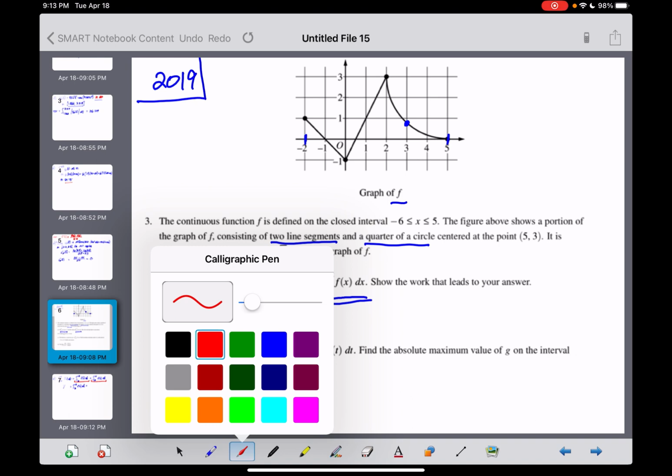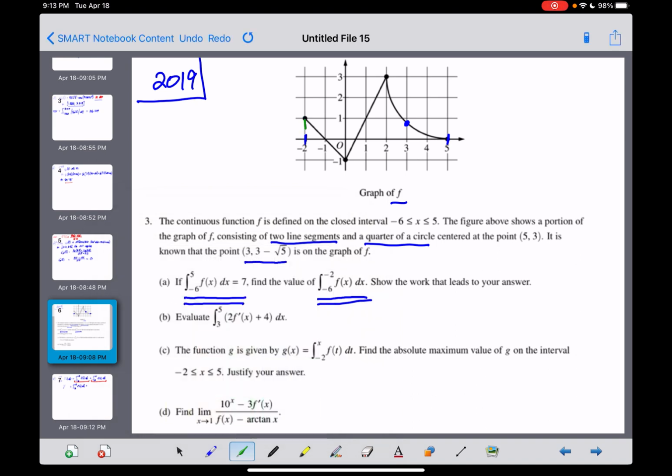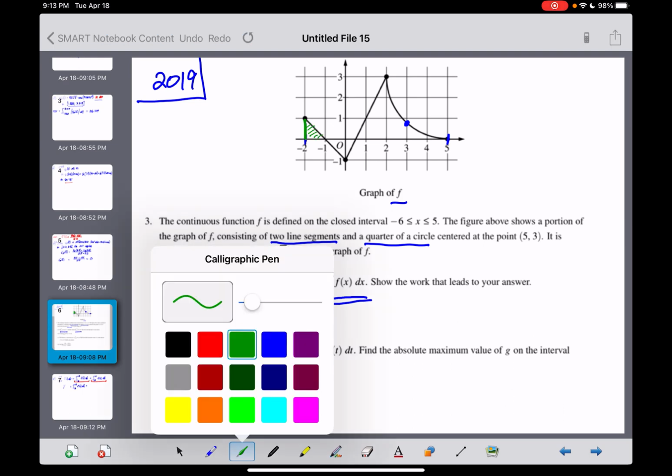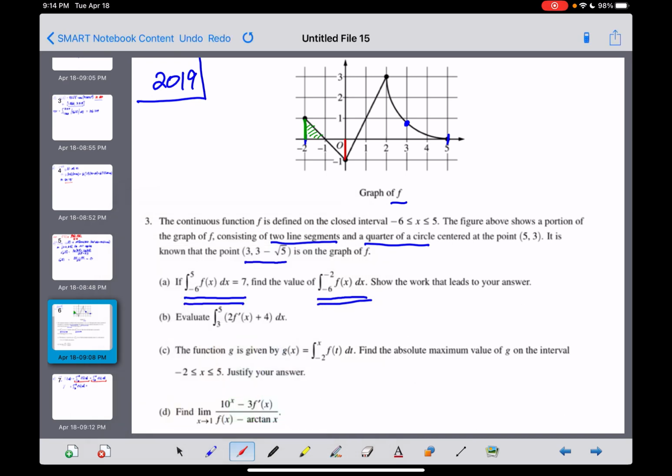Well, the first thing I noticed right here is that if we start doing net area right here, this begins at -2, and we've got this little green triangle right here, but then almost right away, it flips to now being below the x-axis, and we get this red triangle right here. And what I'm hoping you guys notice, those two areas, one above the x-axis, one below the x-axis, just cancel each other out. So the integral from -2 to 0 is 0. I can kind of ignore that.